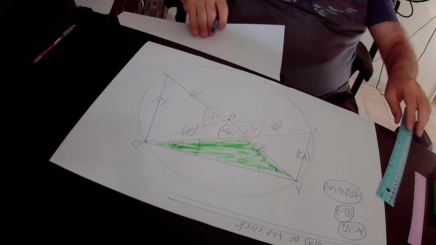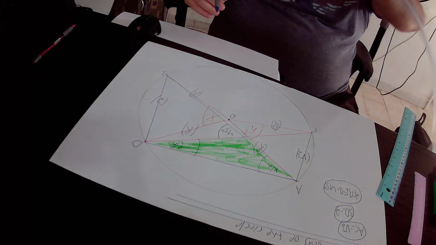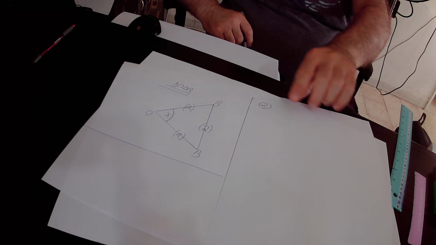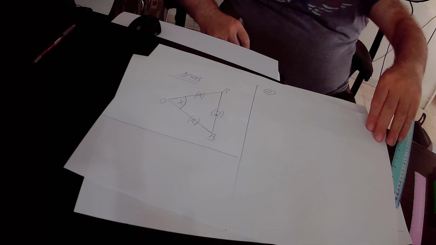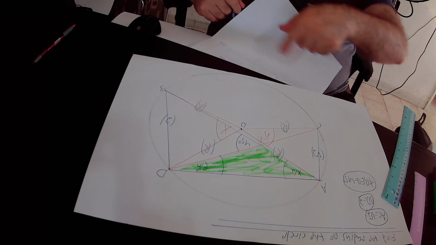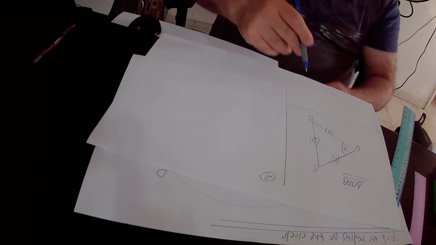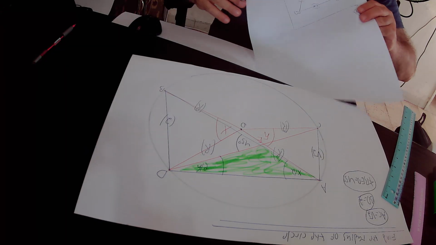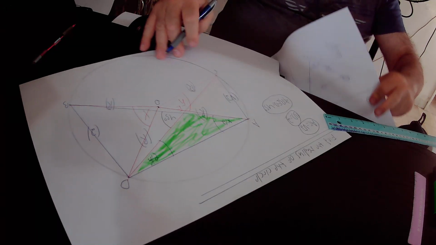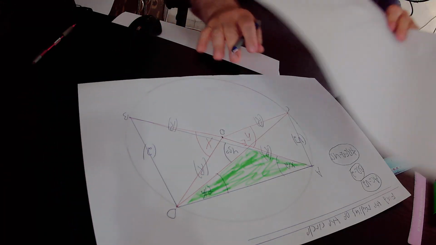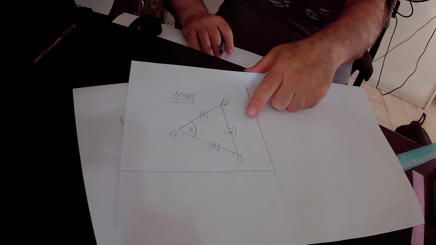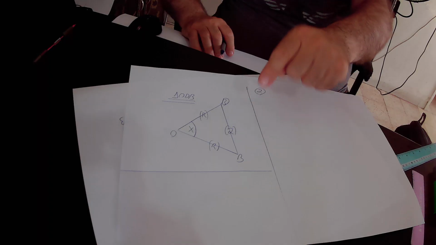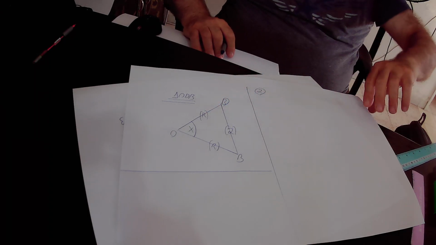So here, this is triangle OBD, this is the point from the drawing. This is side DB. Side DB equals 2 units in itself. Side DO equals R, and side OB also equals R. And this is angle X.